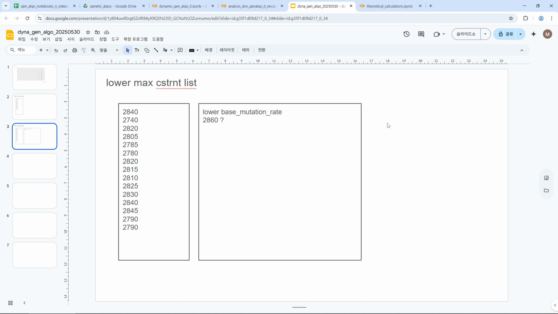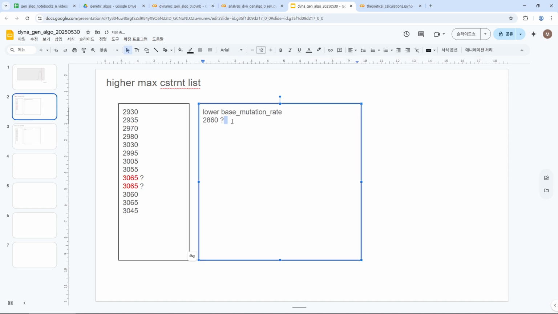So I wanted to check if this would be the same for the higher max constraint. So that's what I did.